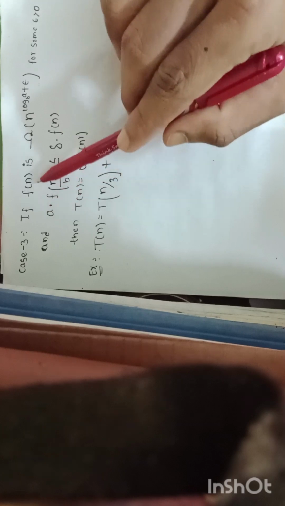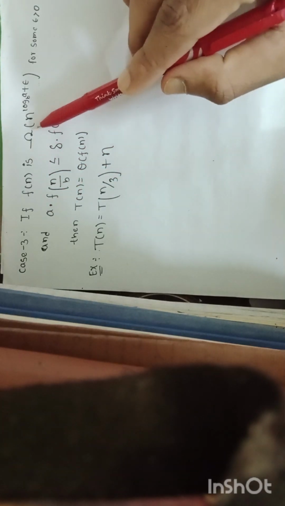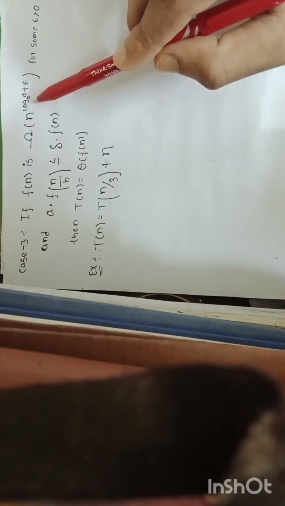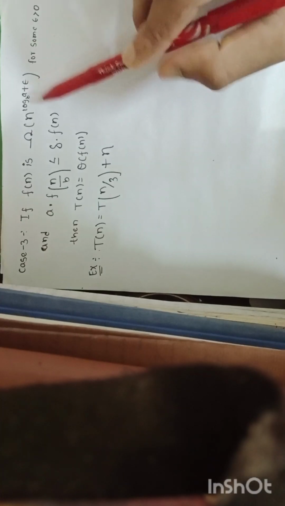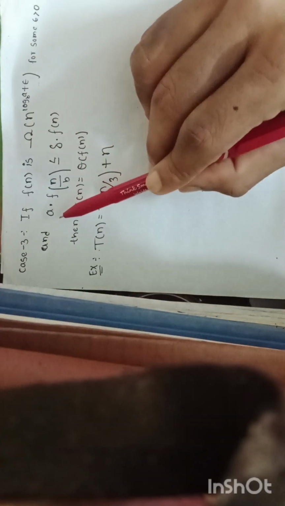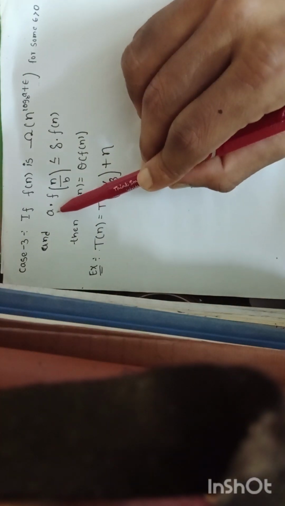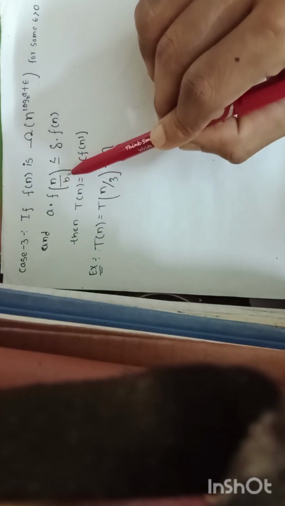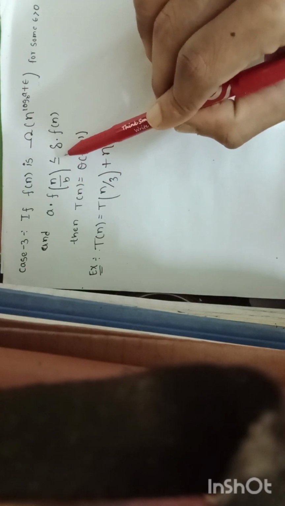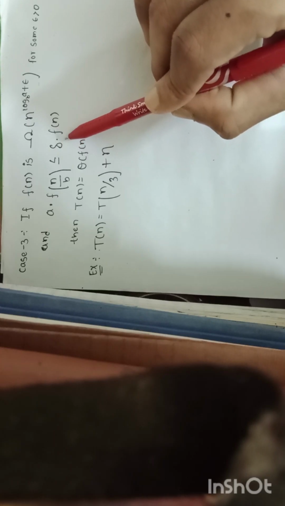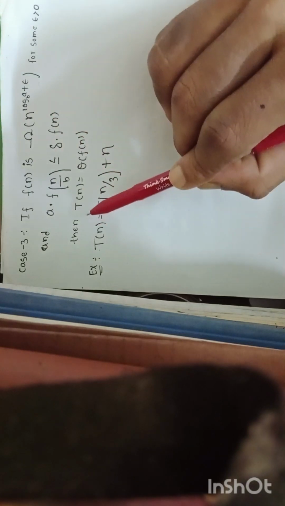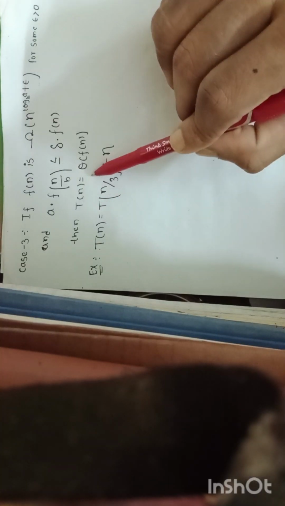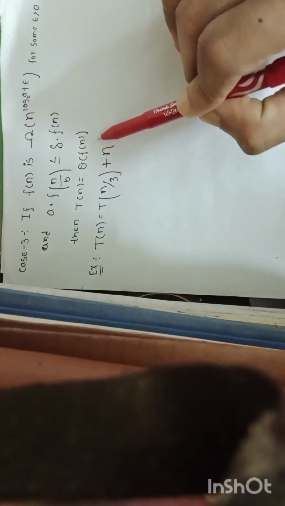Now let us quickly understand the third case of the master method, which says that if f of n is omega of n power log a base b plus epsilon, for epsilon greater than 0, and it also satisfies the following condition, that is a into f of n by b should be less than or equal to delta of f of n, then we can say that T of n is theta of f of n.